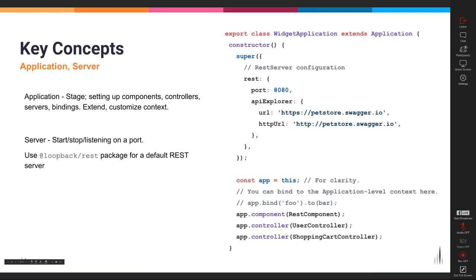It's fairly simple. LoopBack comes with a REST package that you can use, so you don't really have to write your own server. You could just leverage theirs. However, they do allow you to write your own server if you need really customized features in there. But I think in most cases, you could probably just get by with using the default REST server.